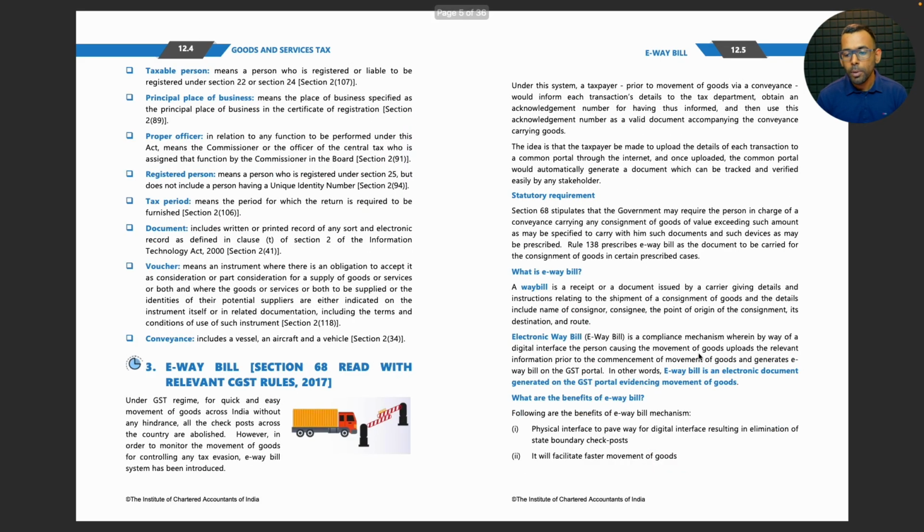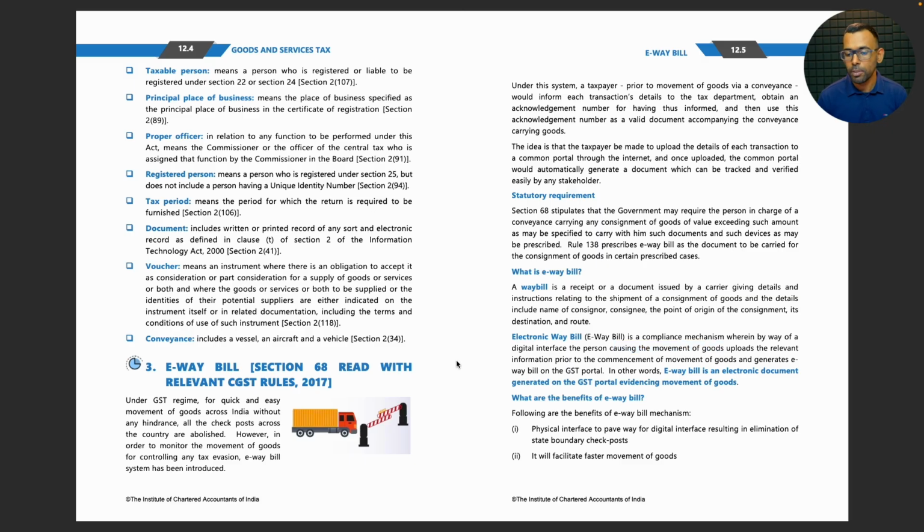Okay. E-way bill is a compliance mechanism wherein by way of digital interface, the person causing the movement of goods uploads the relevant information prior to the commencement of the movement of goods and generates e-way bill on the GST portal. So we saw this point again, person causing the movement of goods. Who causes the movement of goods?